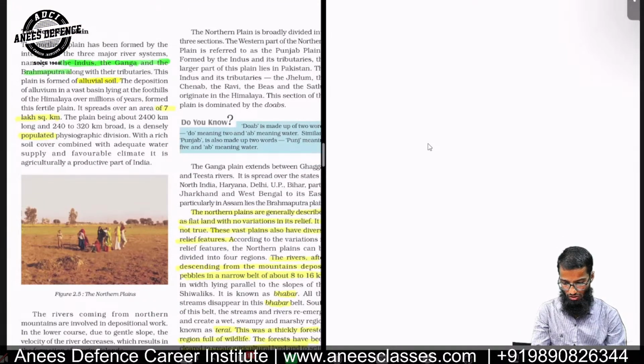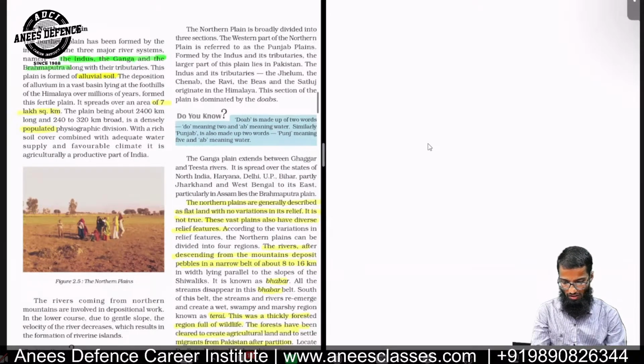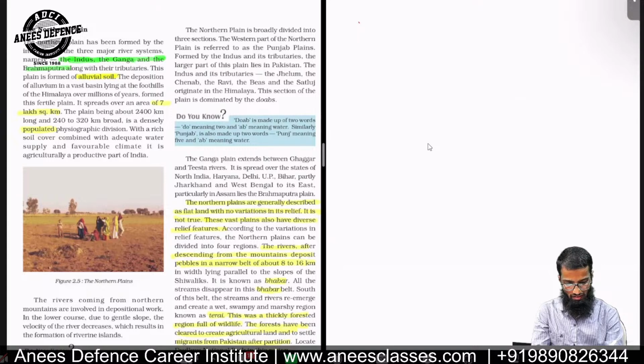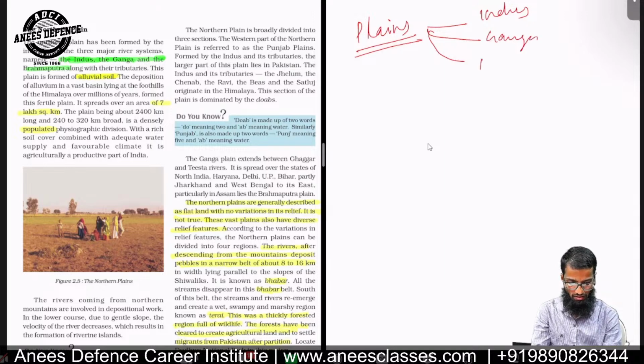So in northern plains, we'll start plains. Northern plains actually contain three main rivers: Indus, Ganga, and Brahmaputra. So these three rivers are the main rivers in the plain.